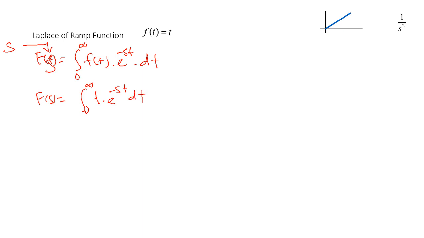So you can see that it is a complex integral in which we will use the integration by parts formula for solving this particular problem.